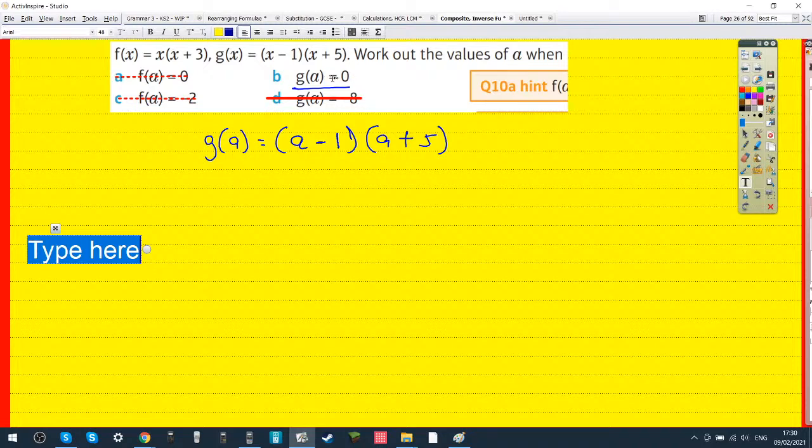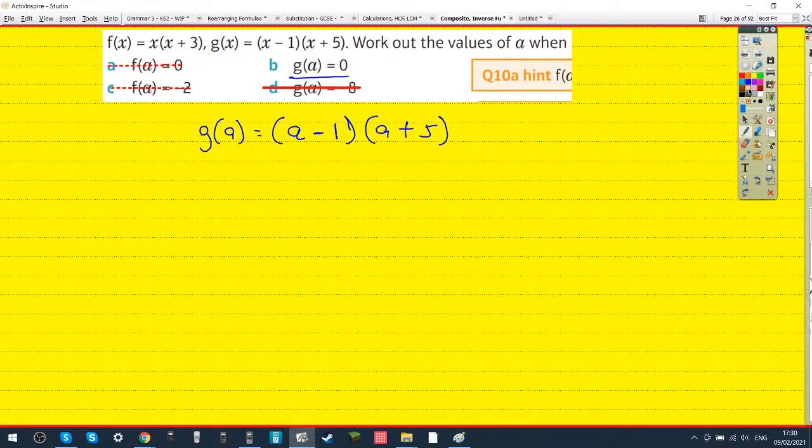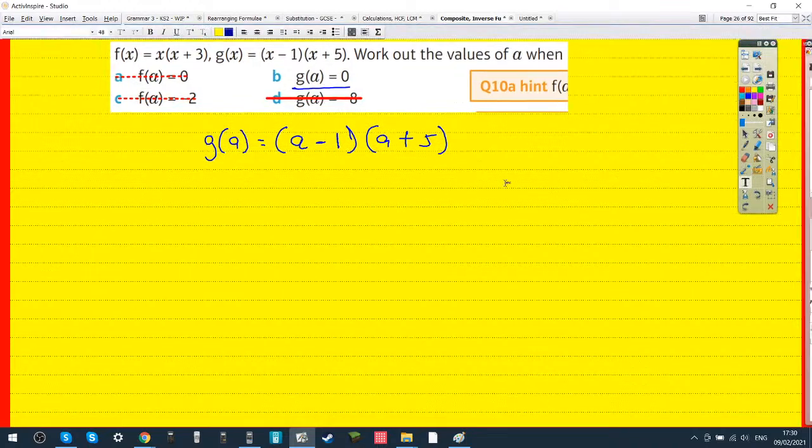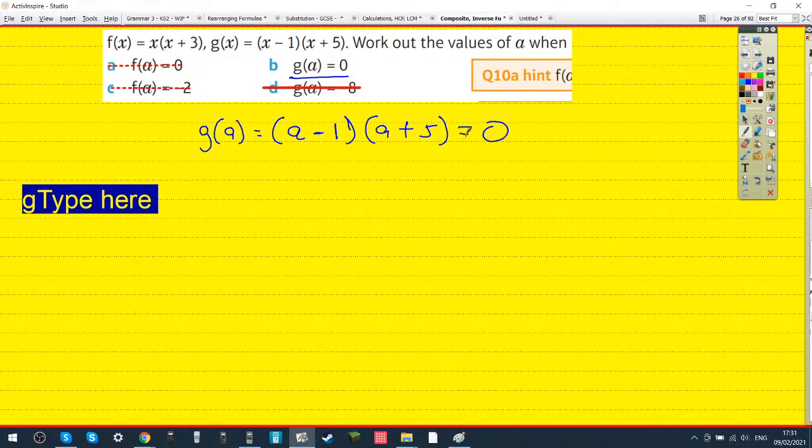The G of A is equal to 0, and this is equal to the G of A. Therefore, this is equal to 0, because this is equal to the G of A. And so solve that one.